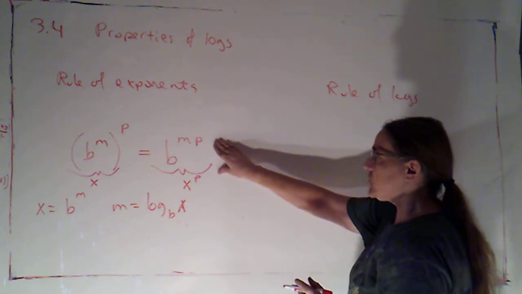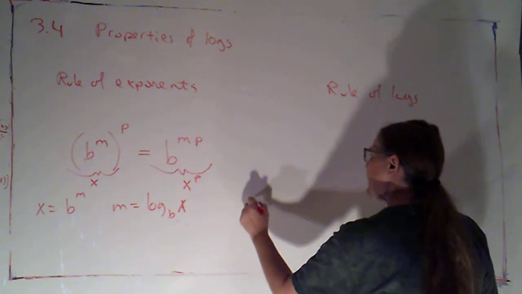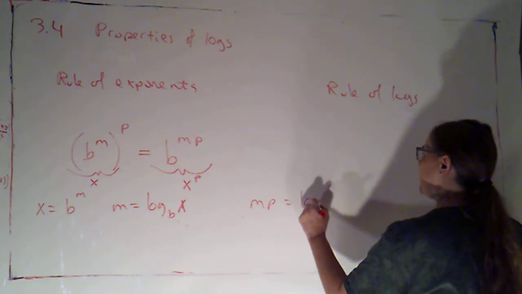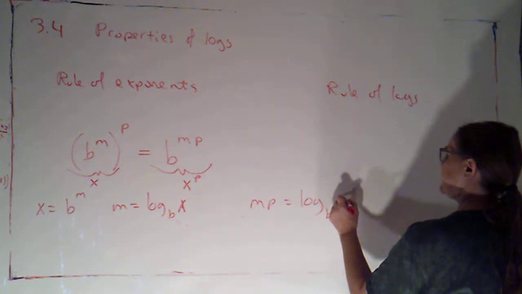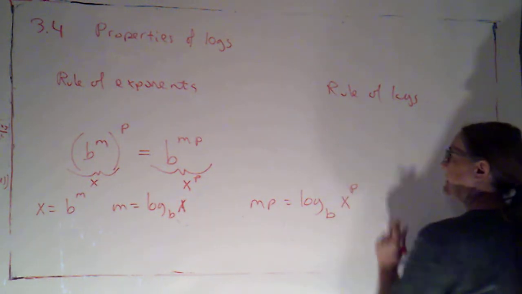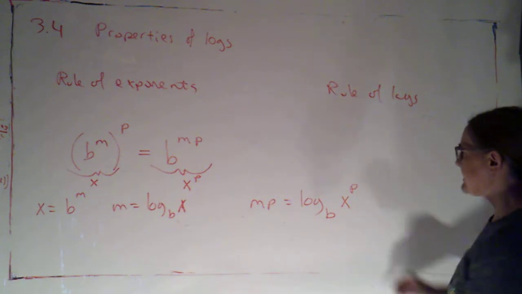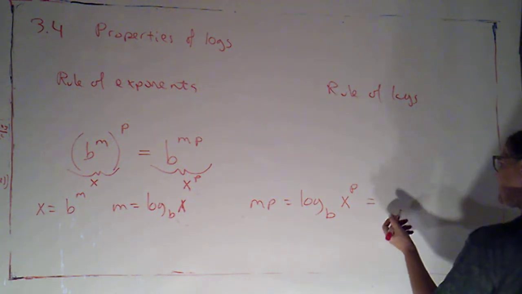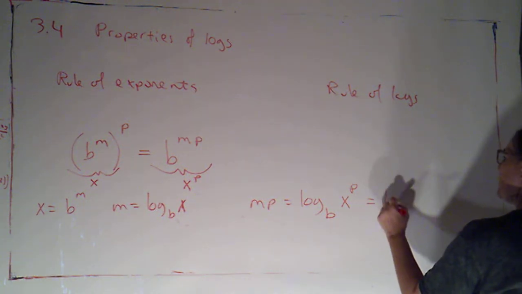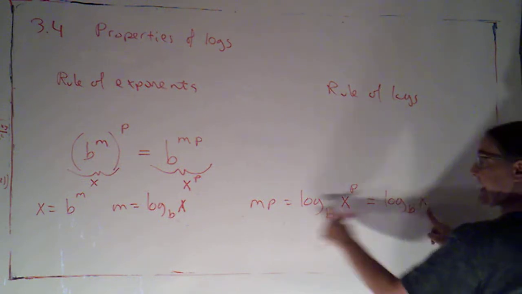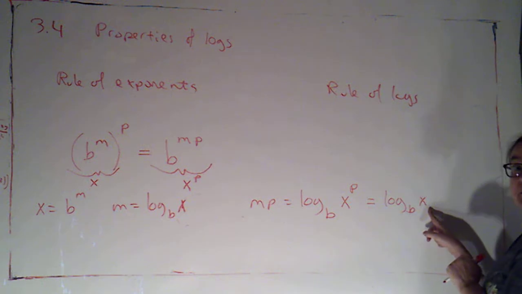So here we're saying that mp, that's the exponent I need when b is my base to get x to the p. But notice that's just the log base b of x, that's what m is, times p.